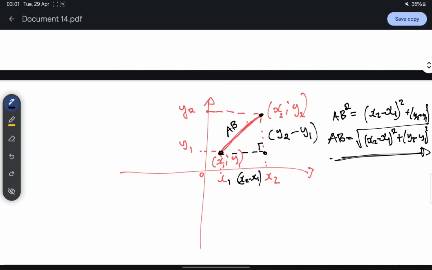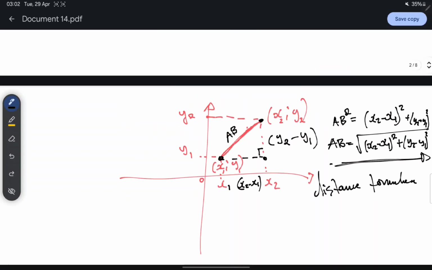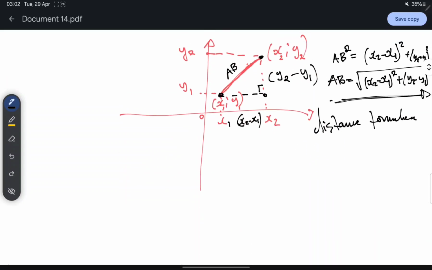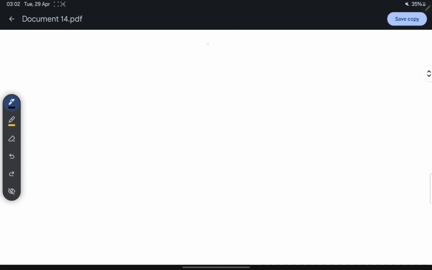So let us continue. It is called the distance formula. Let's assume that we are having this Cartesian plane.